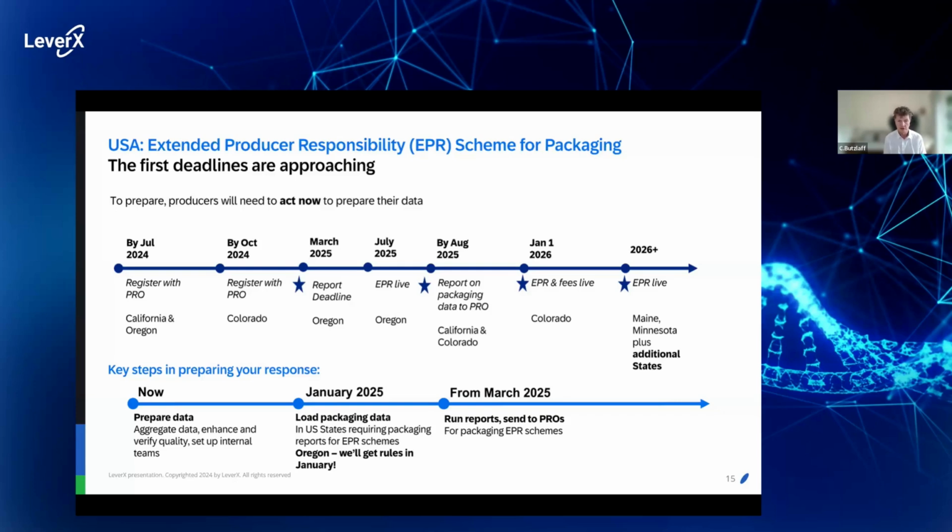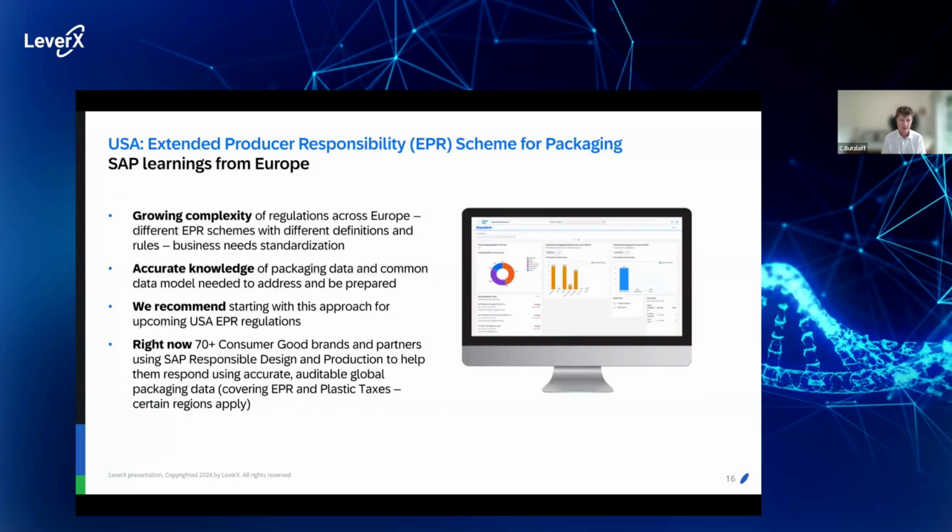But ultimately also take this and move into having the insights to become more sustainable in the packaging in the first place, moving maybe to more sustainable materials so that the fees can be reduced. So that's the timeline which we look at. We do have some experience with this topic because Europe is a little bit ahead there.